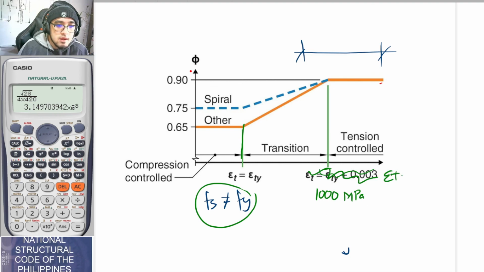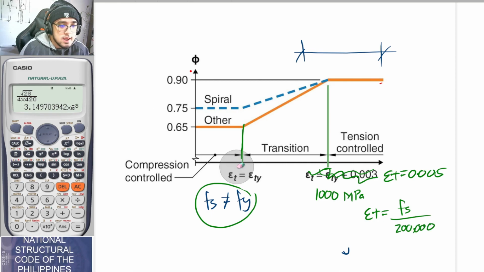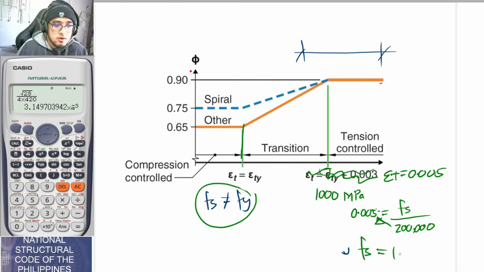So strain t is equal to 0.005, and as you can remember, strain is equal to Fs divided by 200,000. So cross-multiplying, Fs is now equal to 1,000. Confirm natin: 0.005 times 200,000.